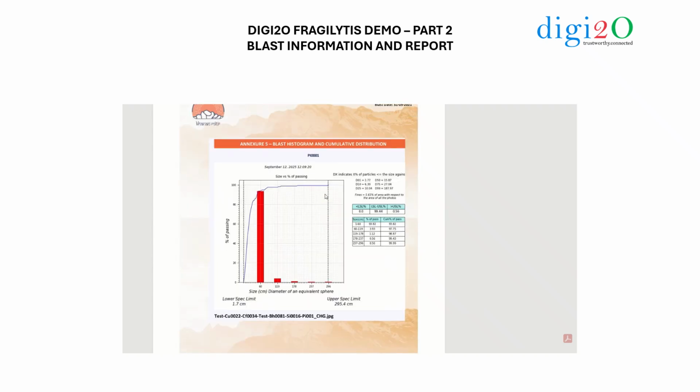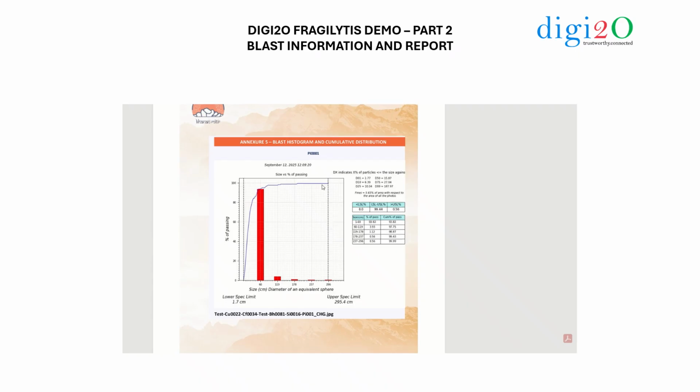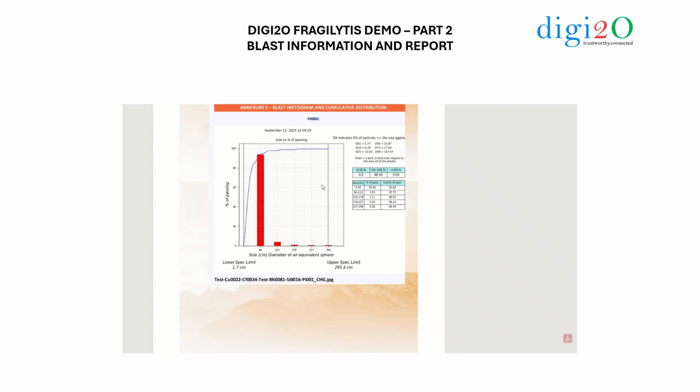So, I hope this helps you to understand that the Fragilytis software is quite versatile, not only helping you to analyze the fragmentation of the blast and therefore make decisions with regard to the fragmentation, but also capture all the essential parameters that go into the blast design, which can be studied along with the histograms produced for the sizes so that certain decisions can be taken.